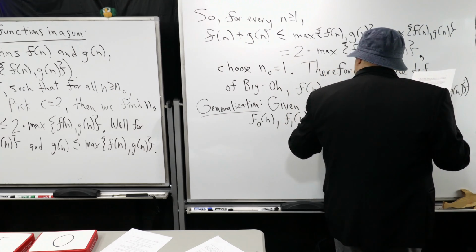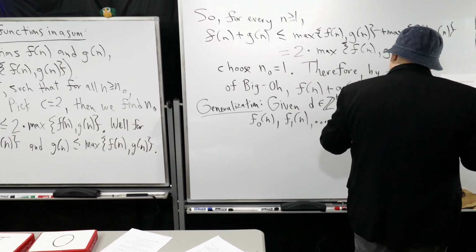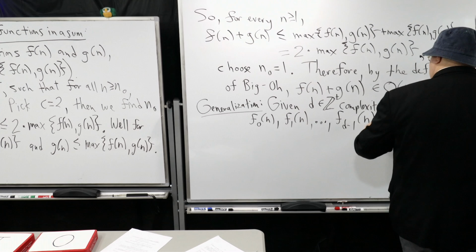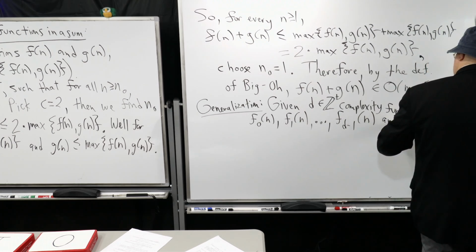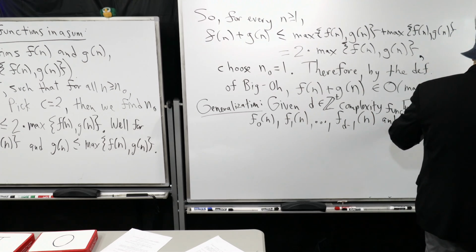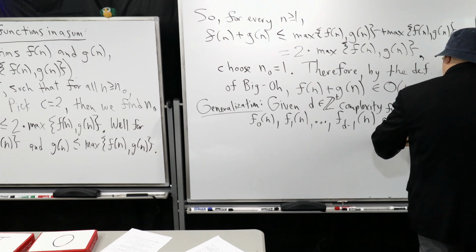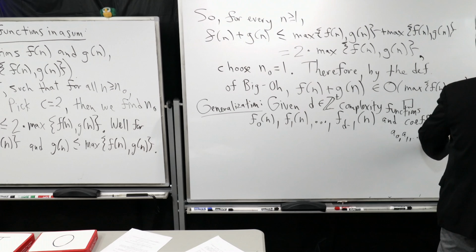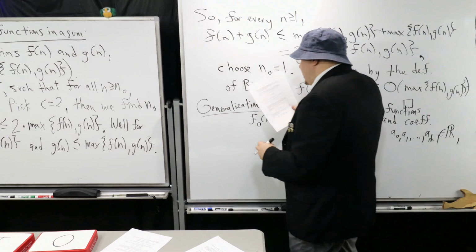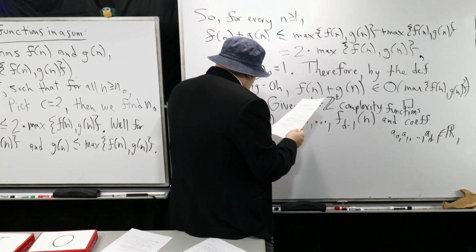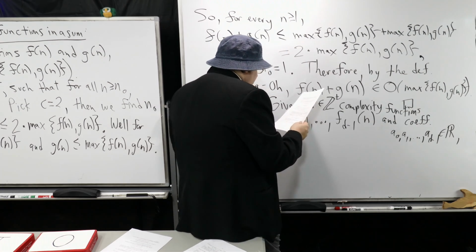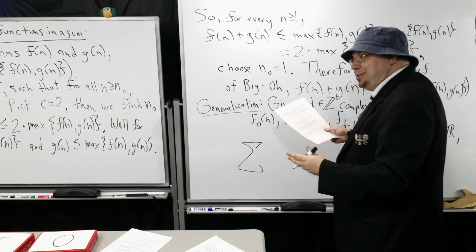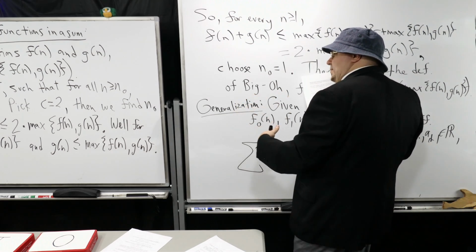And this goes up to f d minus 1 of n, and you have coefficients a0, a1, all the way up to a d minus 1, which are all going to be real numbers. What you could do is you could actually prove the following. And this is the generalization of both the polynomial case and also the max rule. So it's actually the combination of both, and it takes techniques from both of these.